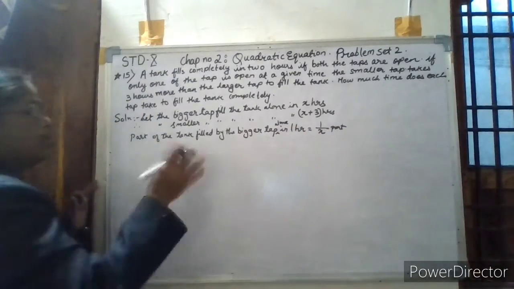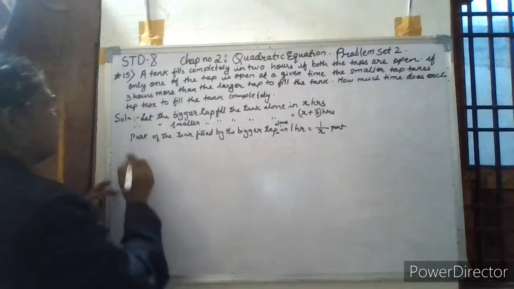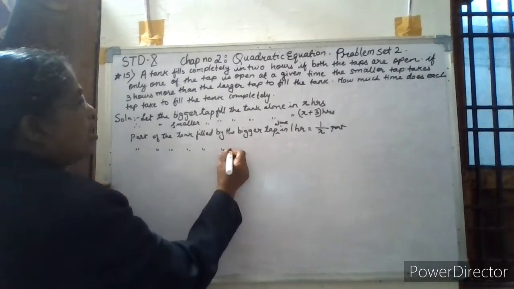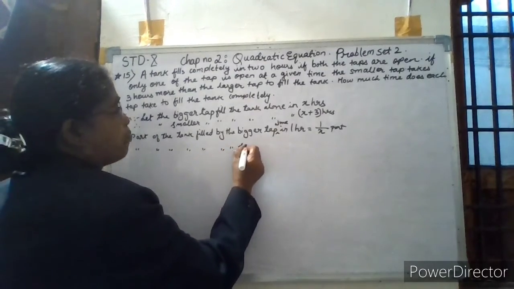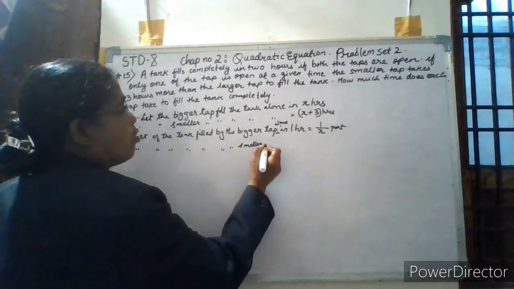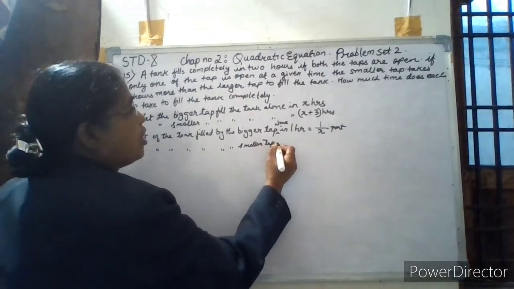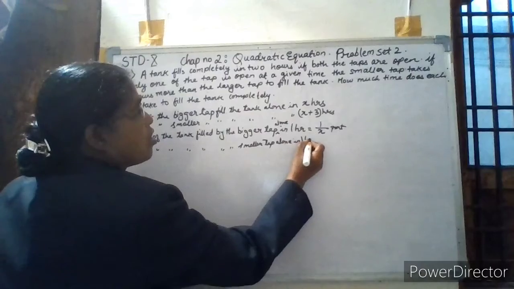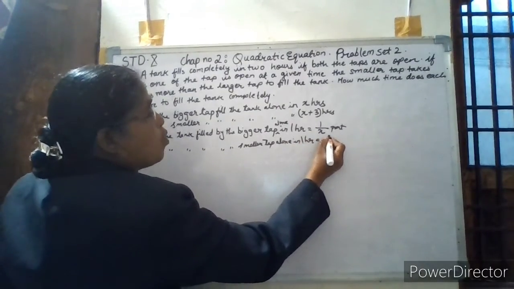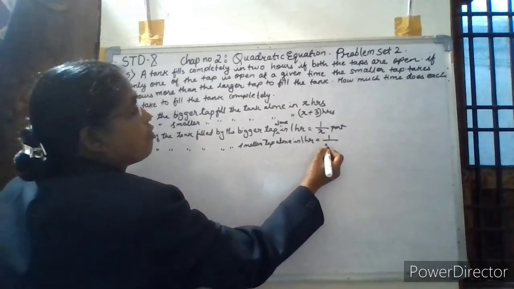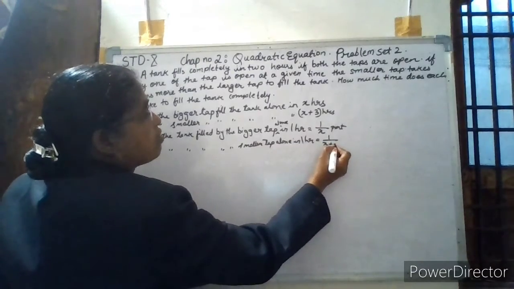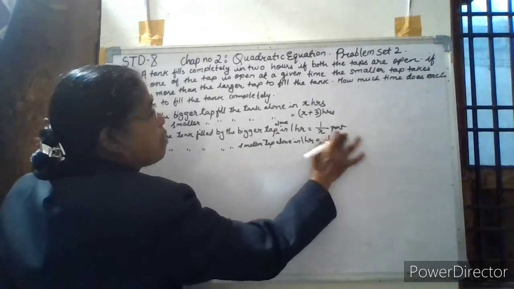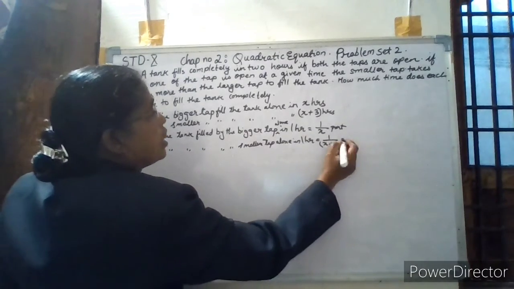In the same manner for the smaller tap, the part of the tank filled by the smaller tap alone in 1 hour is equal to 1, the whole capacity of the tank, divided by x plus 3 hours. This much part of the tank will fill in 1 hour.